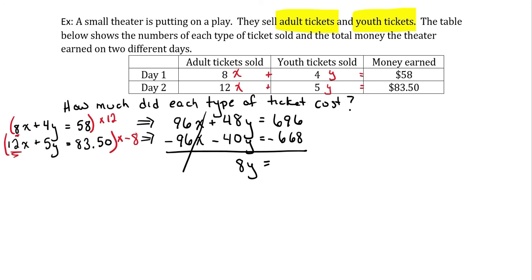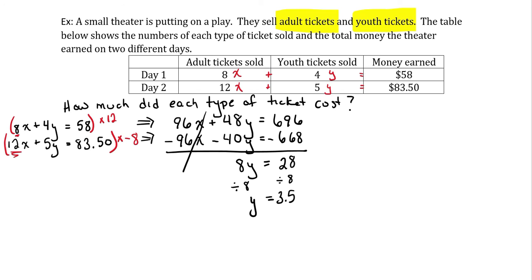And then there's our equal sign. We can't forget about our equal sign. 696 minus 668 is 28. We want y all by itself, so let's divide by 8. 28 divided by 8 is 3.5.